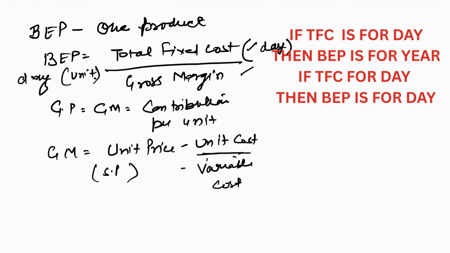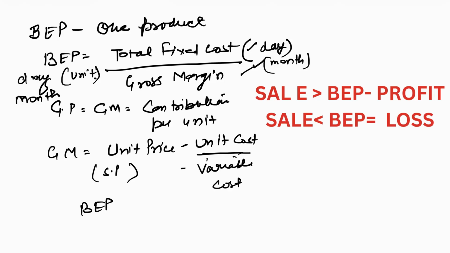And if total fixed cost is given for a month, then the break-even point will also be for a month. If your total fixed cost is given for a year, then break-even point will also be for a year. So if your break-even point for a month is, let's say, 4,000 units, it implies that you have to sell 4,000 units in a month to cover your cost.